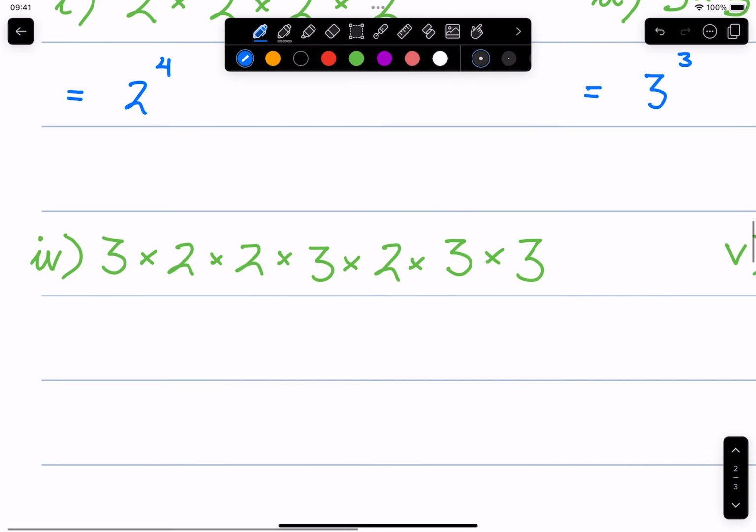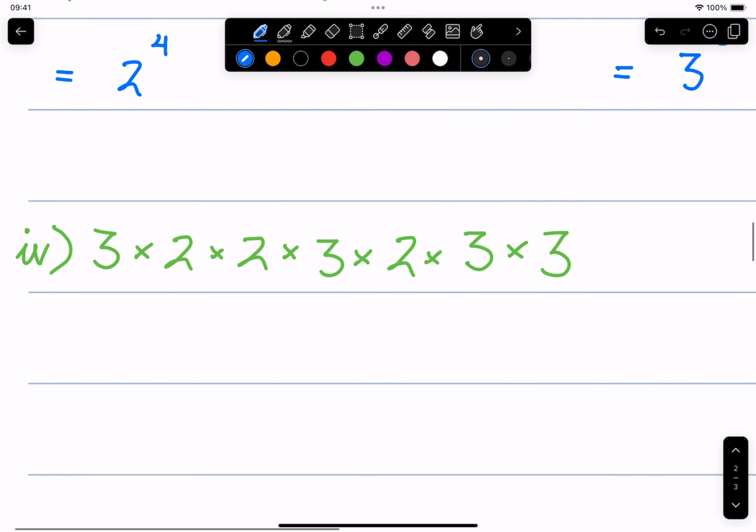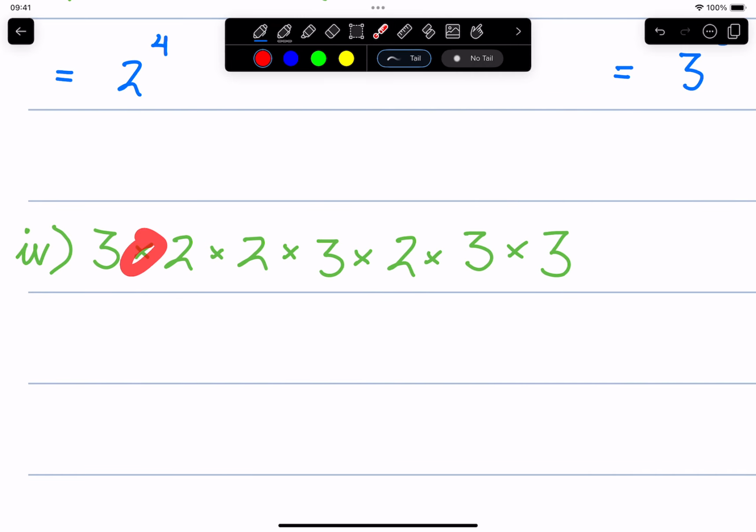Let's keep going with this one. Now notice how in this one, it's all multiplication, but I've ordered it so that the 3's and the 2's are separated like this. This doesn't change anything in that we can simply count all the multiplications of 3.